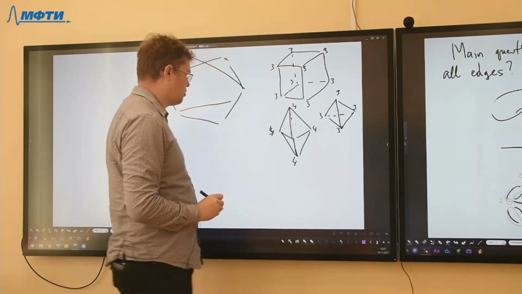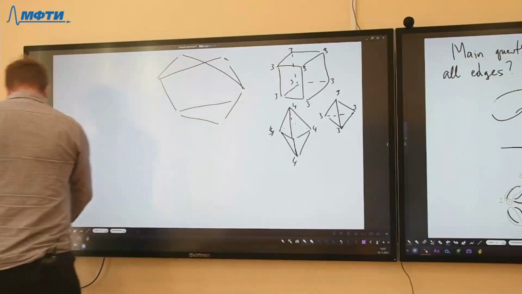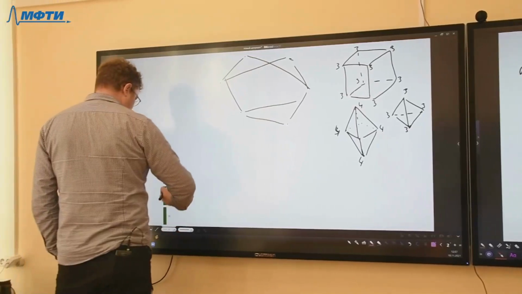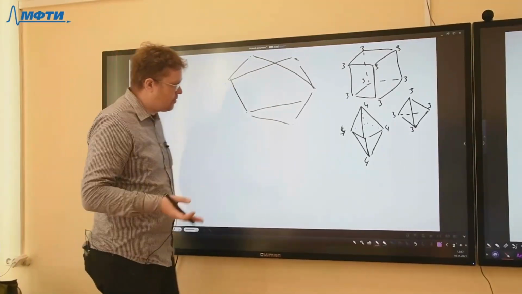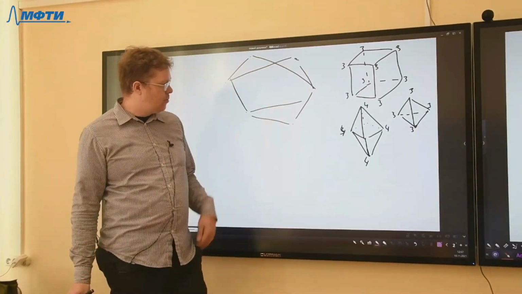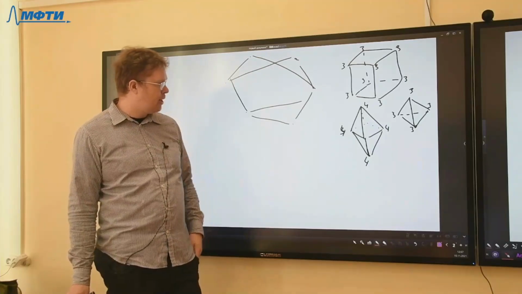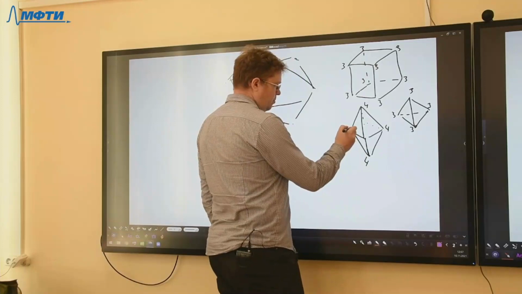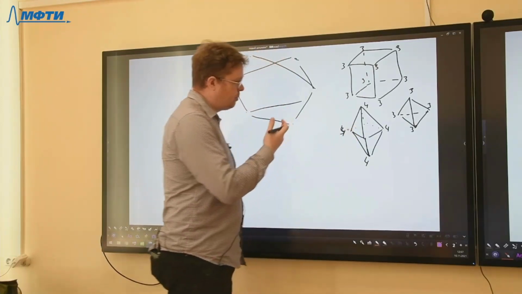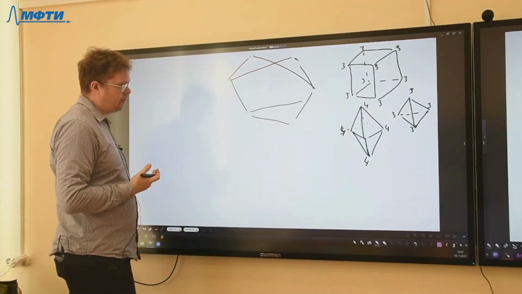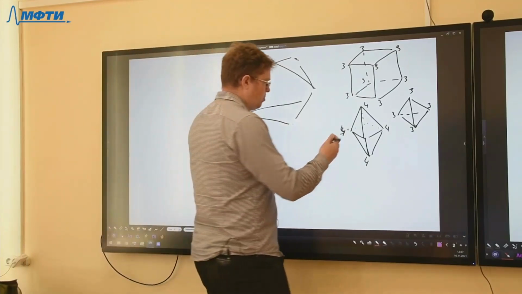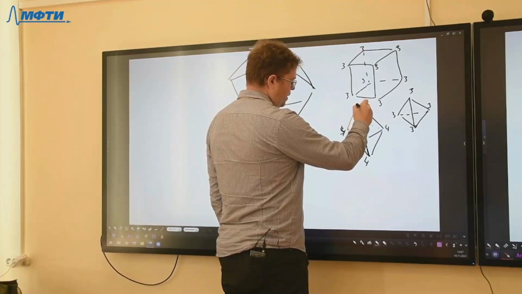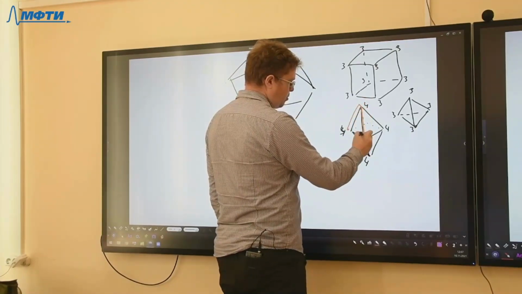So we have a chance to provide a trail here. Let's just try. So what will happen if we try to provide a trail here? We start in some vertex, they're symmetrical, they have degree 4, and then we walk somewhere, and then we can continue our walk.